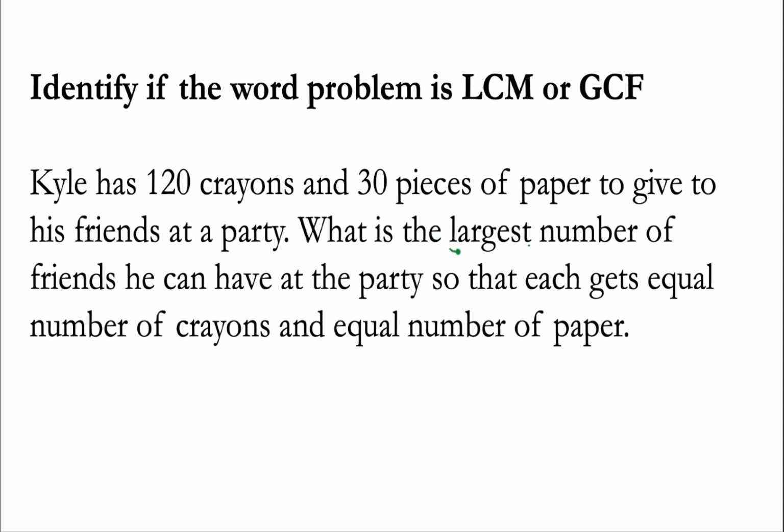What is the largest number of friends he can have at the party so that each get an equal number of crayons and an equal number of paper? Now, because I saw the word largest, I know that that goes with greatest, so this is a GCF. Also, because they wanted everyone to get equal numbers where nothing is left over, that was also a clue that we're dealing with GCF.